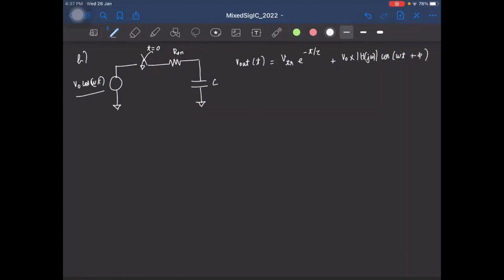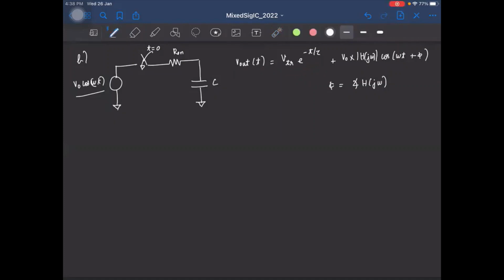We'll call it phi. And what is phi? Phi is the angle of the transfer function, right? So this transient portion, I'm not computing. So take it as an exercise and try to exactly compute what V out of t is, okay? Especially the transient portion.